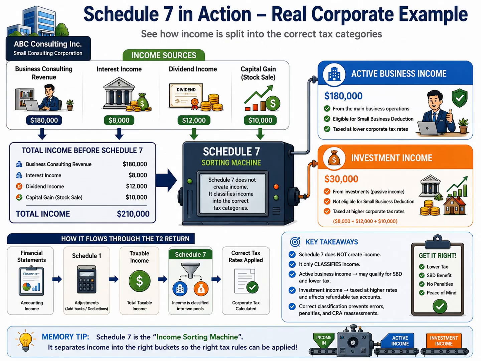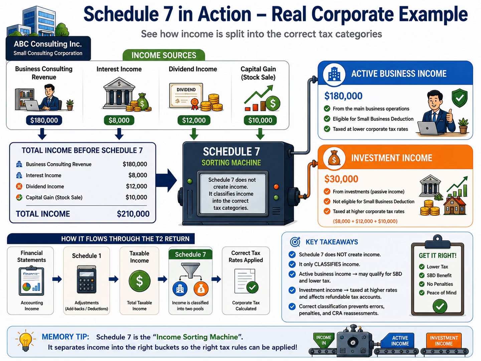Let's bring everything together with a simple real-world example to see how Schedule 7 works in practice. Imagine a small consulting corporation that earns income from several different sources during the year. It earns $180,000 from consulting services, $8,000 in interest income, $12,000 in dividend income, and $10,000 from the sale of investments, resulting in a capital gain.